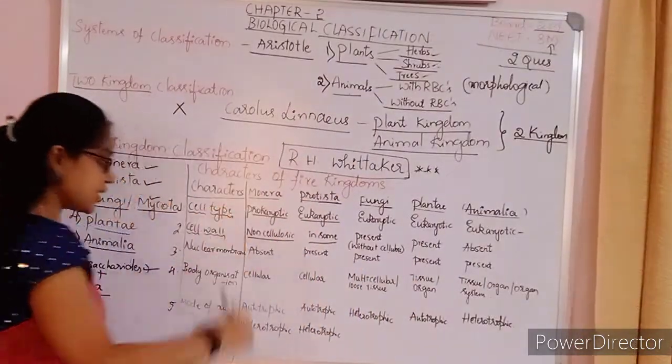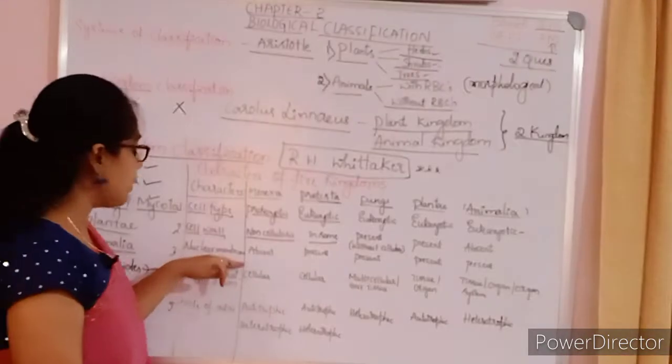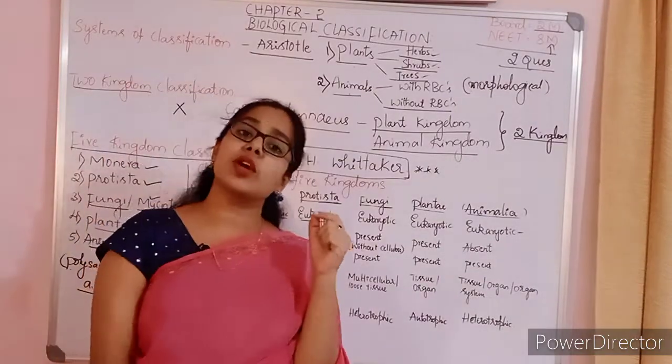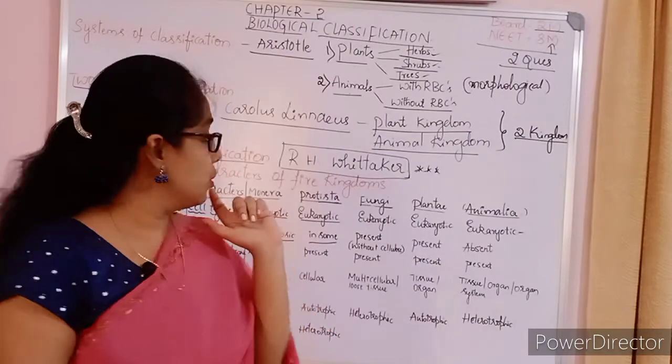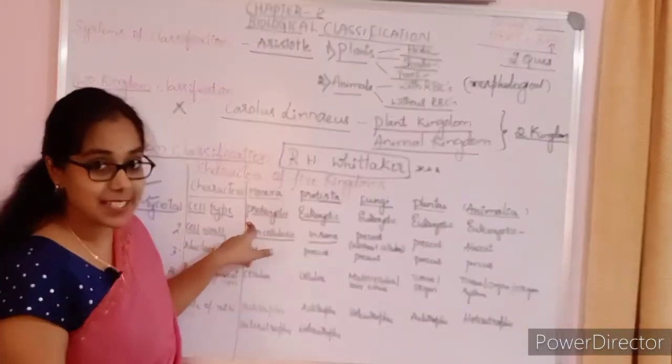So the next character is nuclear membrane. You know that the nuclear membrane is a membrane which surrounds the nucleus. In Monera, it is a prokaryotic cell.